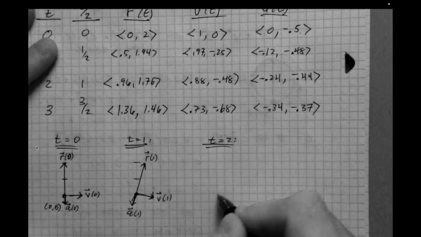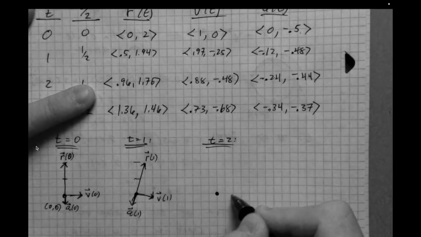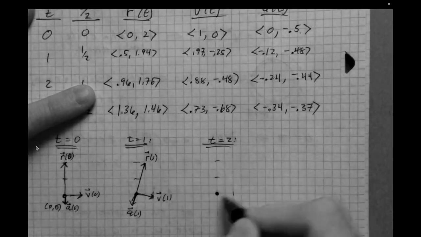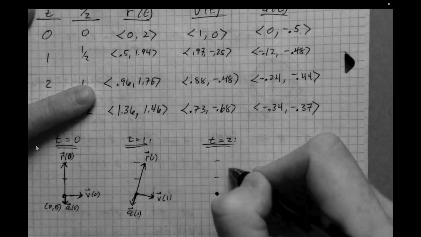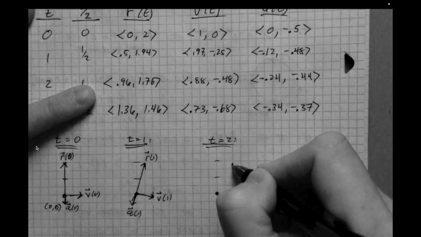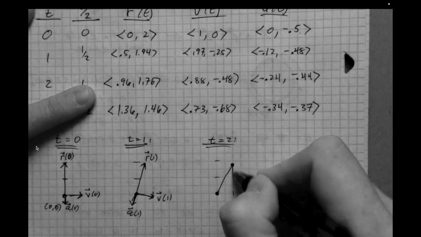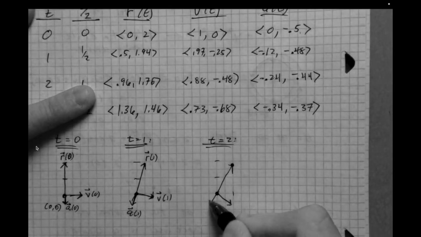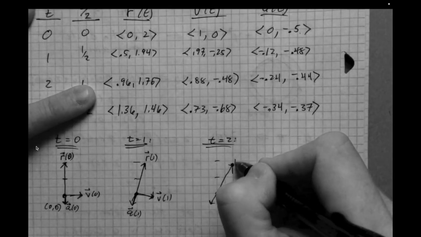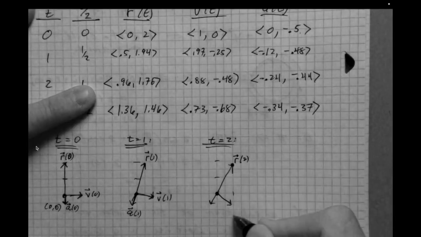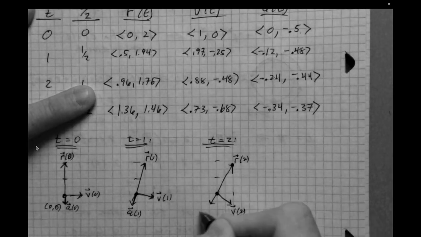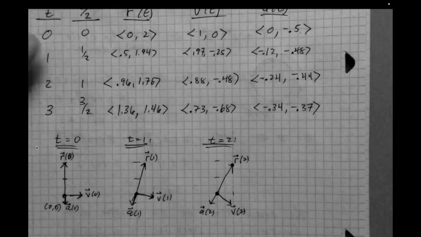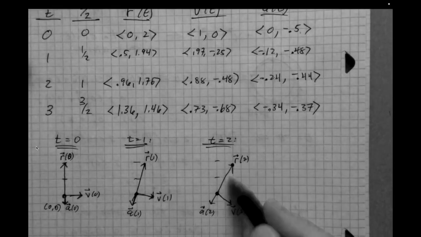Right, so when we get to time equals 2, we can see that it's 0.96, 1.76. So it's just a little bit further over. So something kind of like that. Right, and then what we'll find is that the velocity is doing that, and the acceleration is doing that. Right, so you've got this kind of triad here.